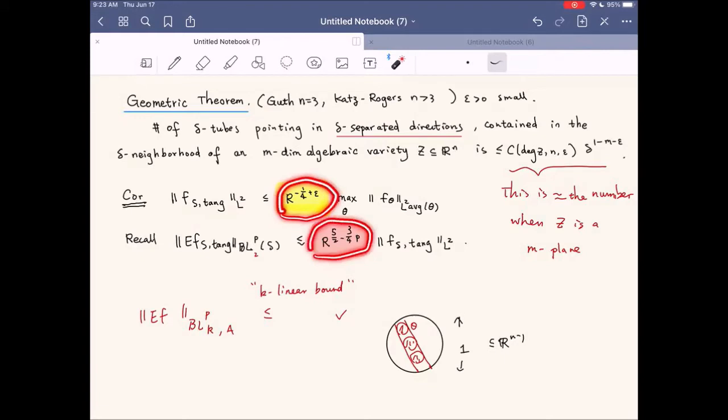So this is the loss and this is the gain. So we have to balance things. For example, if we are in the tangential case at the beginning, then if we plug in, we will see that as long as p is greater than 5/2, we win. But that's very fortunate, and usually we won't be able to attain the tangential case at the beginning.